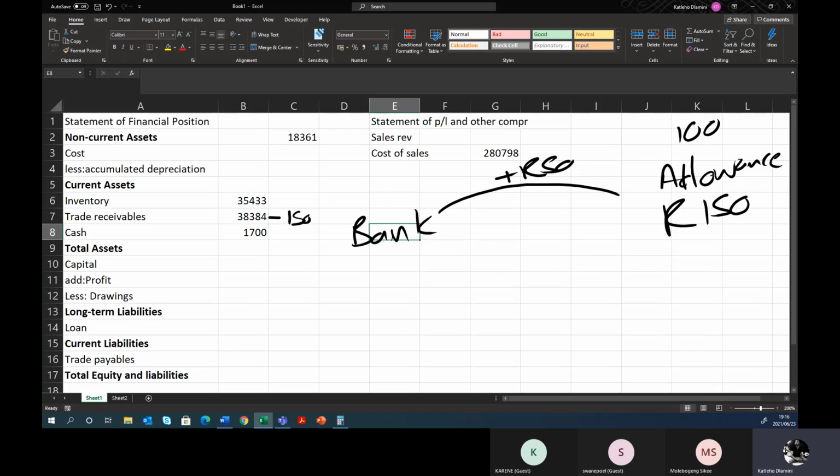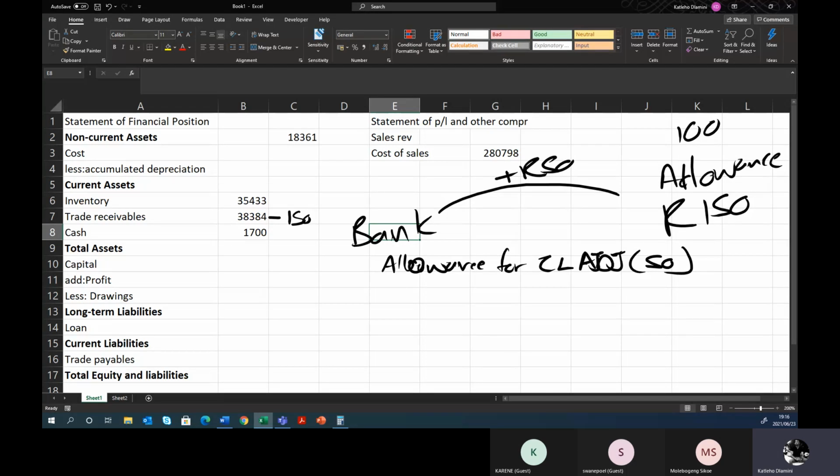In my statement of profit and loss and other comprehensive income, I'm going to show the movement. Now, it went up by 150, meaning that I had to reduce my bank account by 50 rand, meaning that my allowance for, let's say, credit losses adjustment will then be 50 rand, and this is a negative under my expenses, whereas under my financial position, I'm just going to take the full 150.